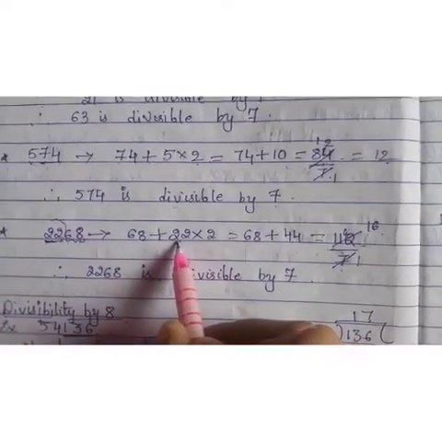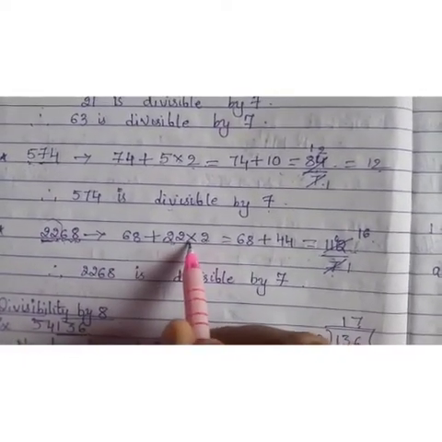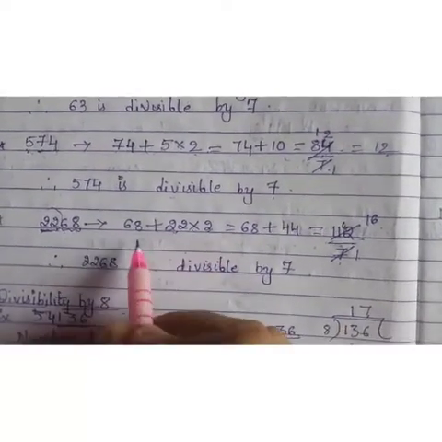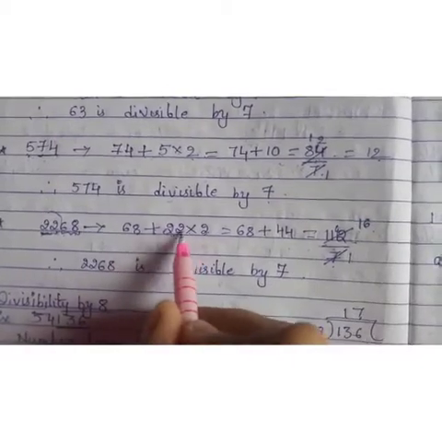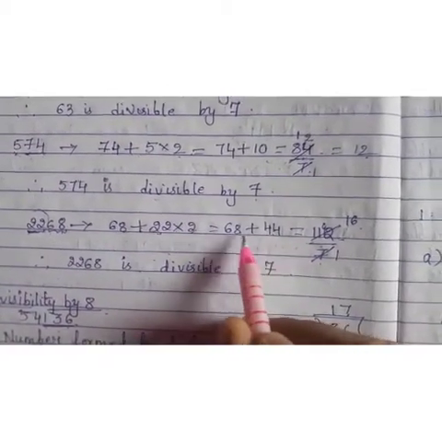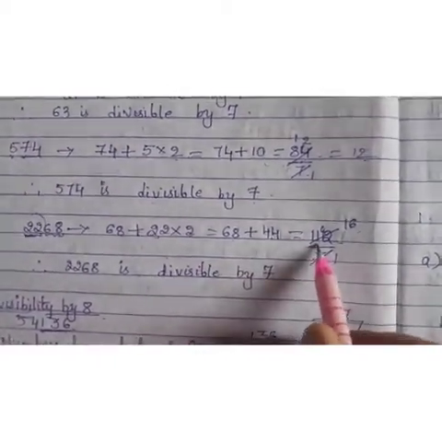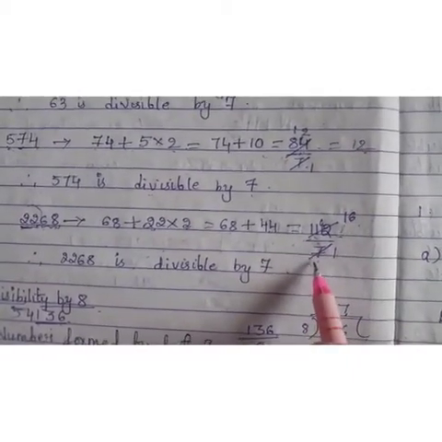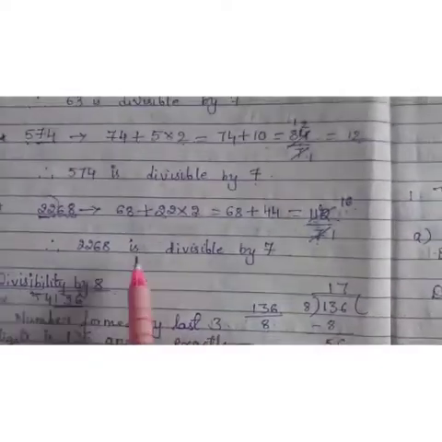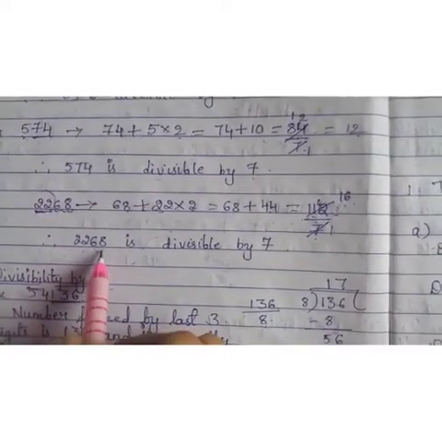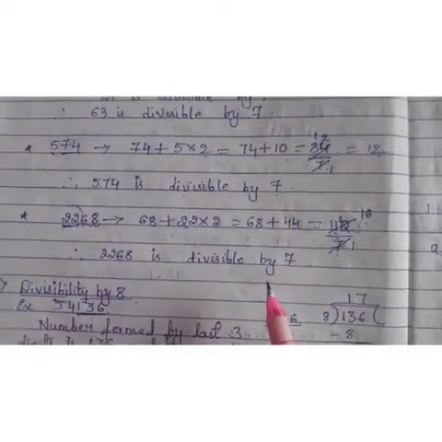Remaining number is 22 and twice of it, so 22 into 2. Now simplify it. 68 plus 22 twos are 44. When you add both these, you get 112 divided by 7. It is divisible, isn't it? So you can say 2268 is divisible by 7.